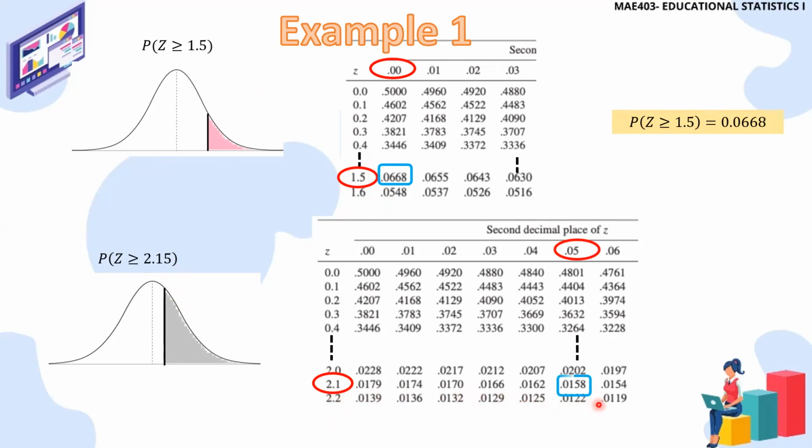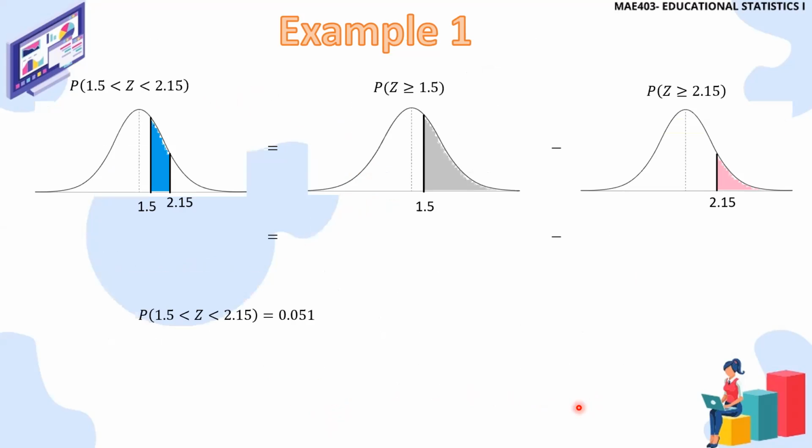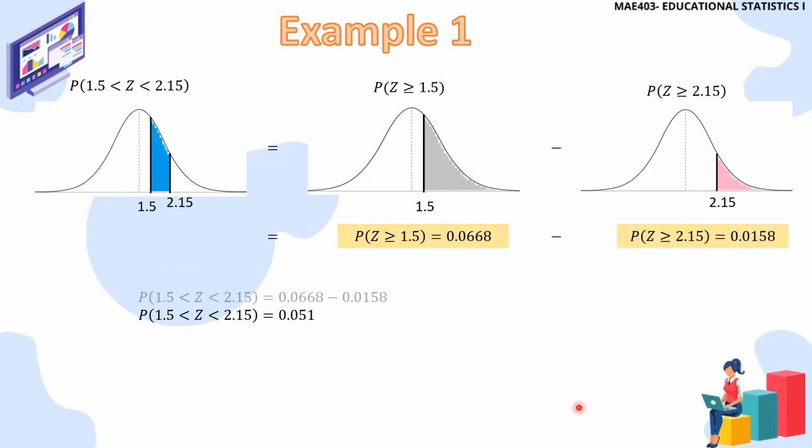So the probability is 0.0158. Then you just substitute: 0.0668 minus 0.0158. You will get the probability between 1.5 and 2.15 is 0.051.